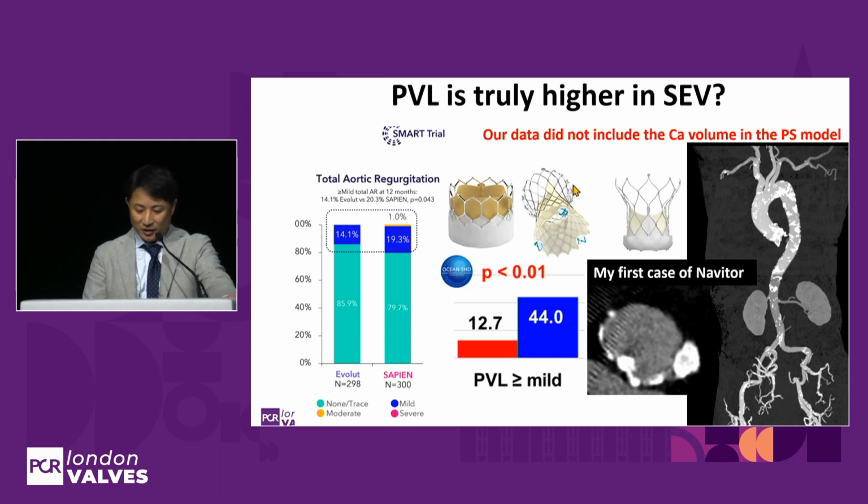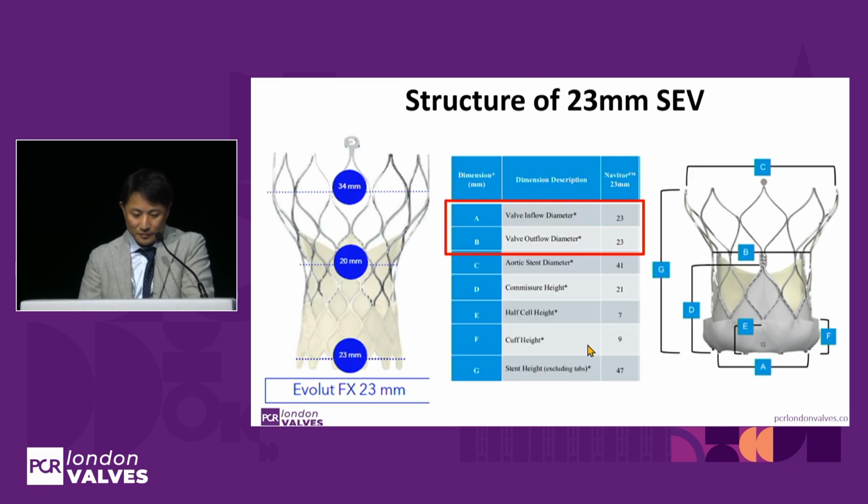In our OCEAN data, we didn't include the calcium volume in the PS matching models. In our daily practice, we prefer to choose a self-expandable valve in cases with very abundant, excessive calcified proliferation. But we need to standardize, and equally distributed calcium volume should be considered.